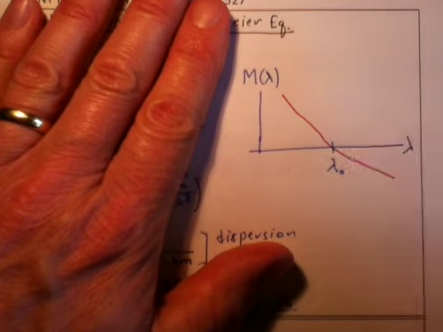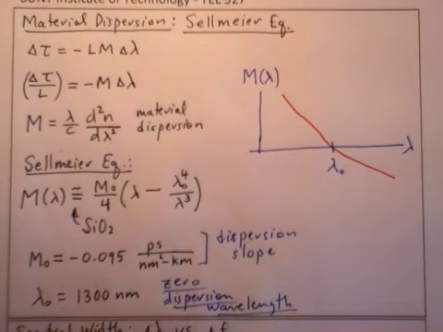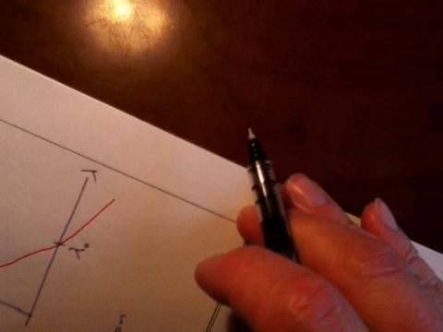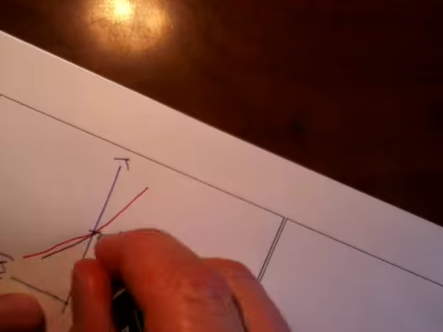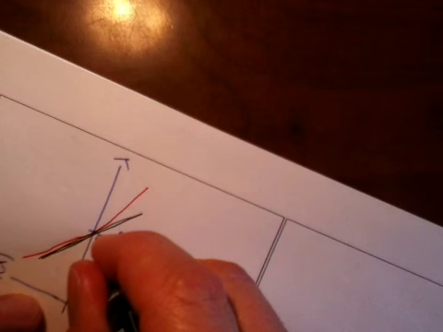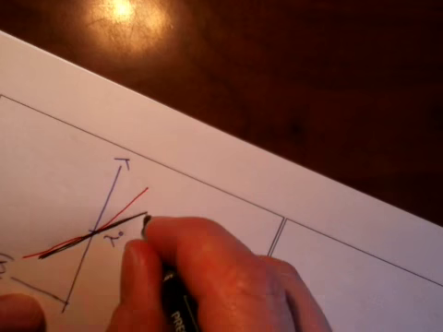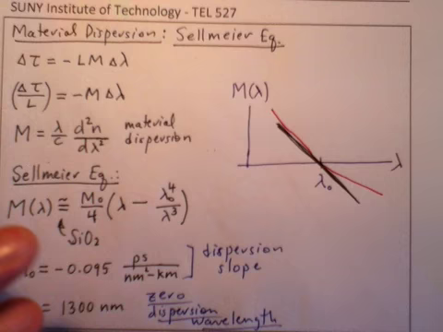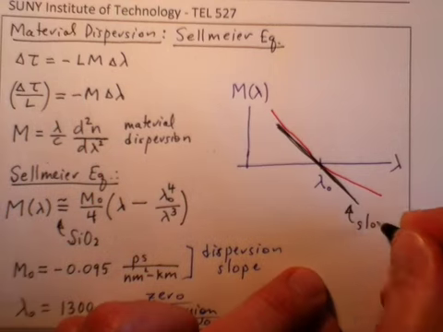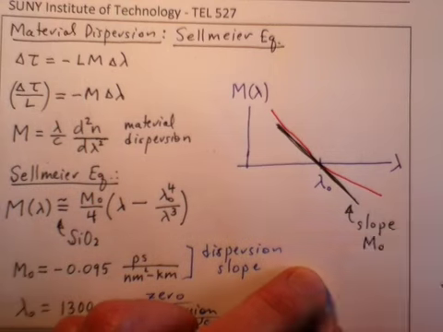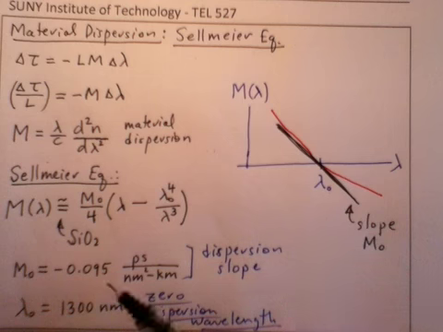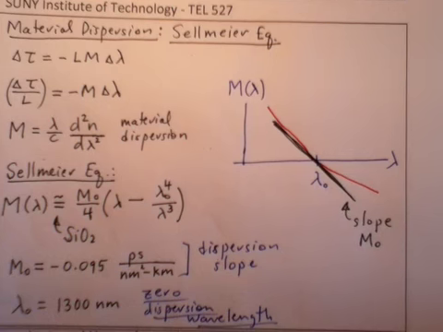We can make that plot in Excel if we want. And the slope of that curve at the zero dispersion point is m naught. You can verify that by differentiating this thing. So that's the Sellmeier equation, and we will use that.